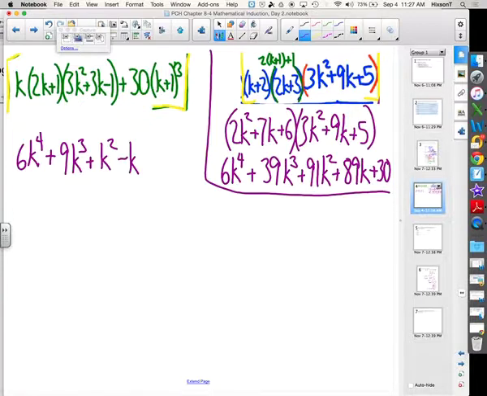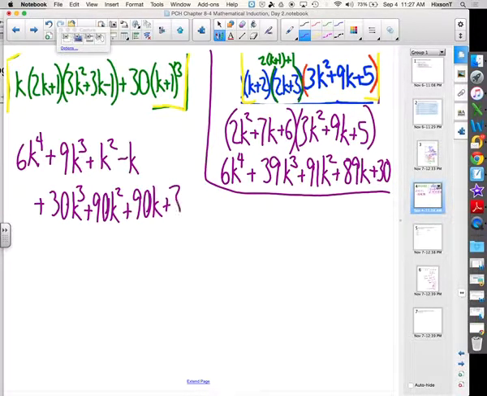Okay, so that's going to be 30k cubed. I know I'm doing a lot, but it's going to be plus a 90k squared plus a 90k plus 30. Wait, where did you just get that from? I multiplied all this in my head. I know you guys know how to do that, so I'm not going to take the time to write it all out.